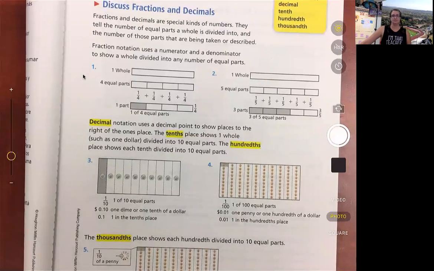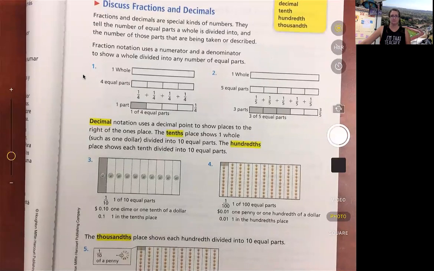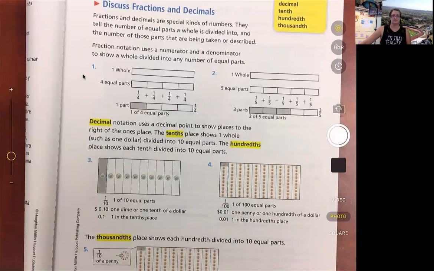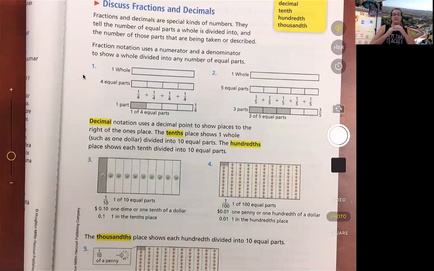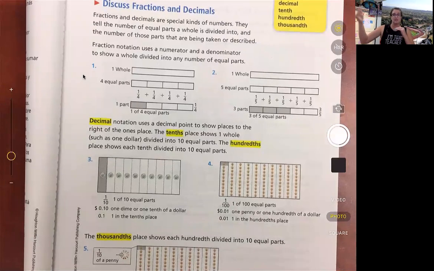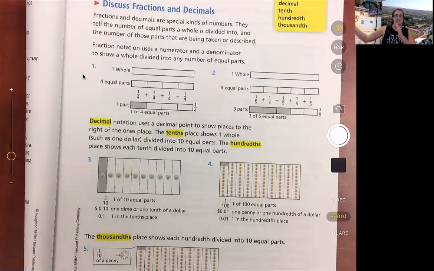The 100th place shows each 10th divided into 10 equal parts. Awesome. So decimal notation, we're talking about anything to the right of the ones place. So when we get to the right of the ones place, we have that decimal, and then we get into our decimal places. And those are all things that are less than a whole, right? Because a whole is our ones place.